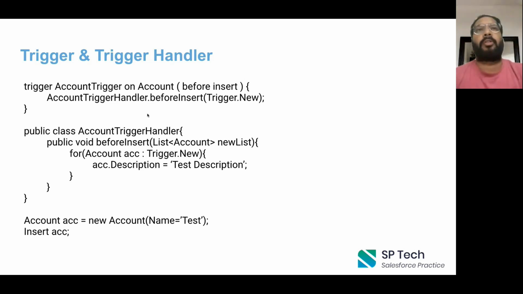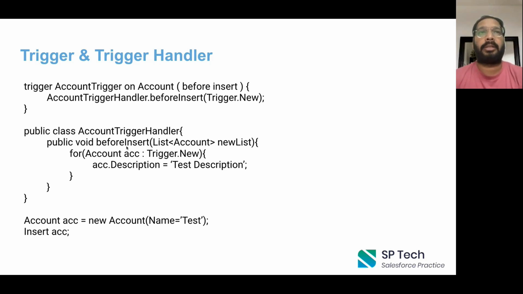Here for the first time we will be using both a trigger and a trigger handler, which will be your Apex class. Just go through this code. What is happening here? First we are writing a trigger, which is just calling a method. Then we have this class, AccountTriggerHandler.